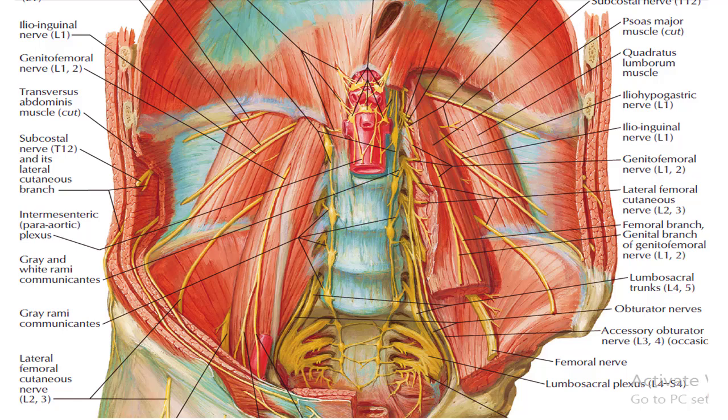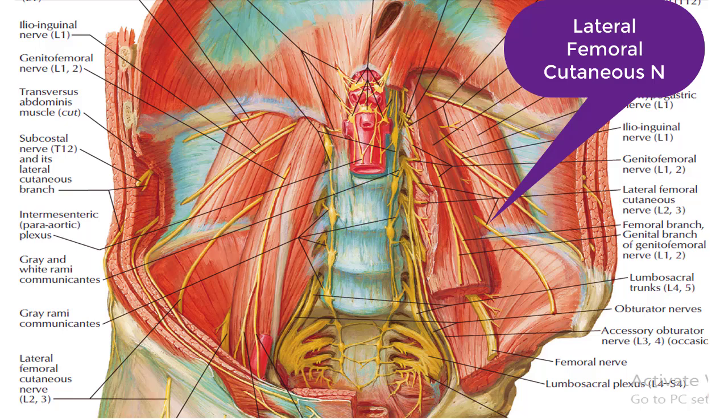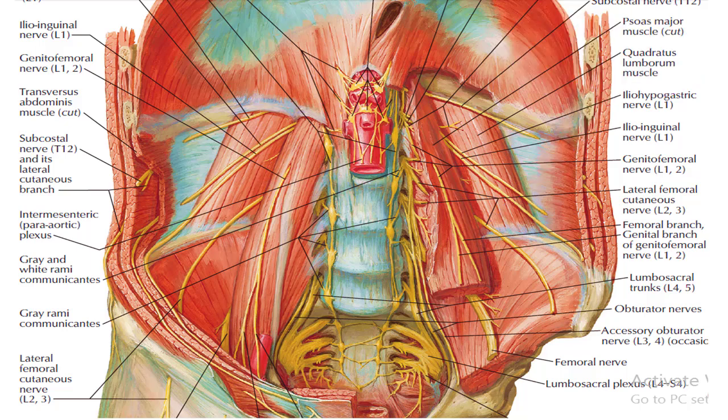We can also see another small nerve of the lumbar plexus which is emerging between the quadratus lumborum and the psoas muscle, and that is the lateral femoral cutaneous nerve. But we can see this is emerging from the lower half, while the iliohypogastric and the ilioinguinal that I have told you were also emerging between the psoas and the quadratus, but from its upper half.